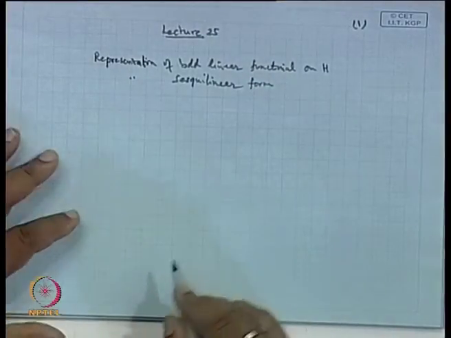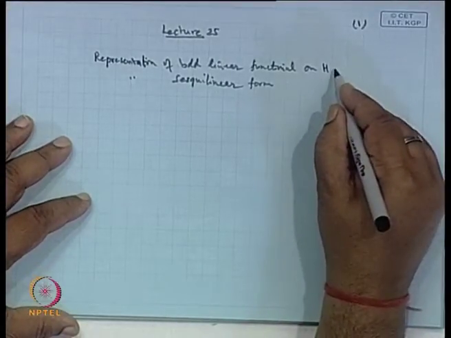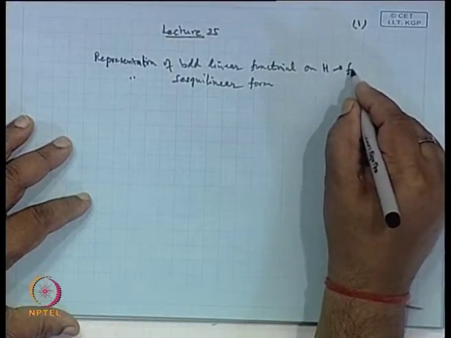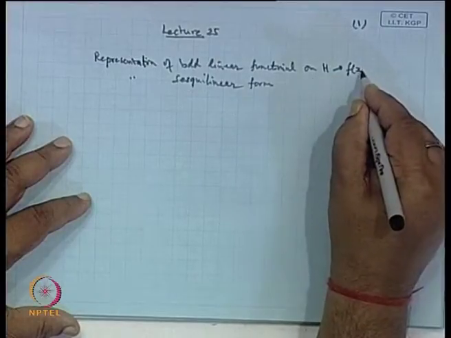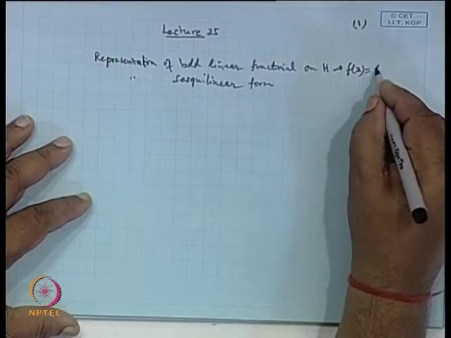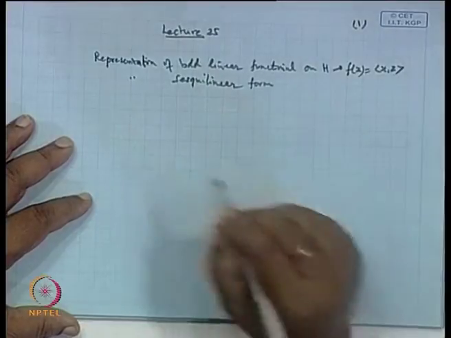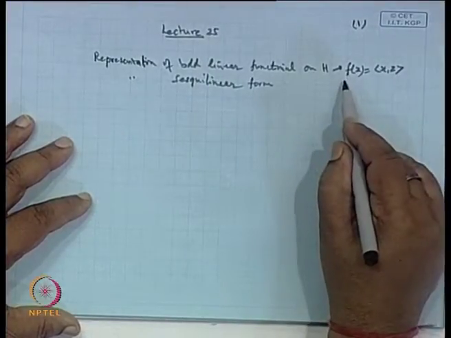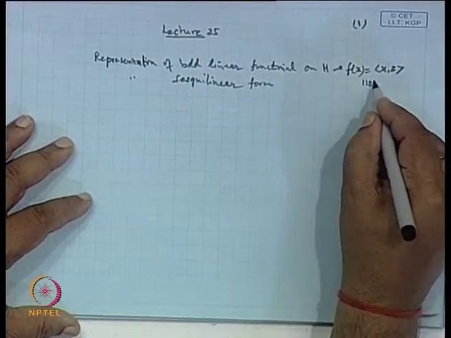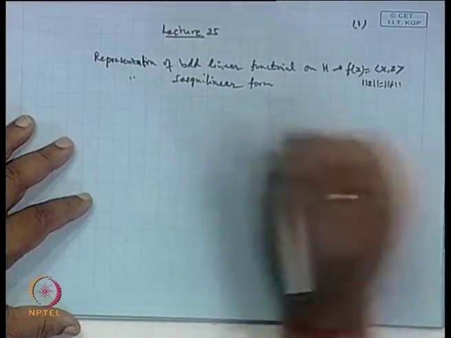And we have seen that every bounded linear functional f on a Hilbert space H can be expressed in terms of the inner product ⟨x, z⟩, where z is uniquely determined by f, and the norm of z and the norm of f are the same.